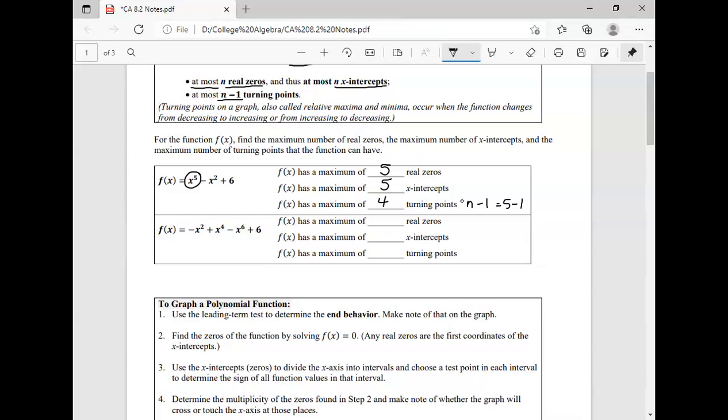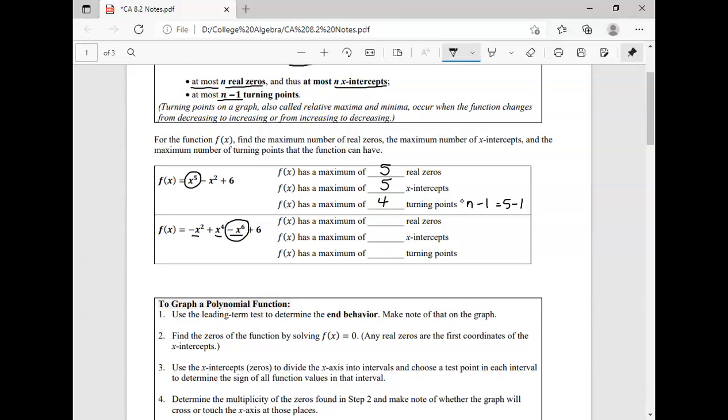Okay, when I look at this second one, I've got terms that have x's in them: negative x squared, x to the 4th, negative x to the 6th. Which one's the highest power of x? My x with the highest exponent is going to be the power of 6. So that's my leading term.